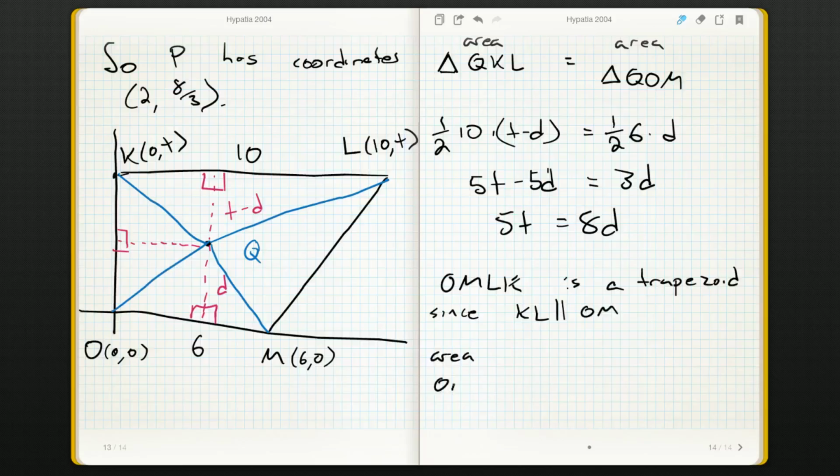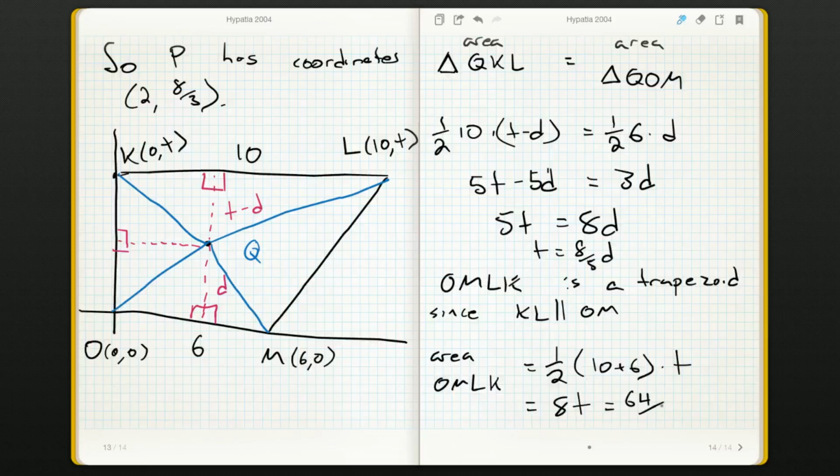So the area of OMLK is 1/2 the 10 plus the 6 times the height. So it's going to be 8T. Now, T is 8 over 5 D, so that's going to be 64 over 5 D.